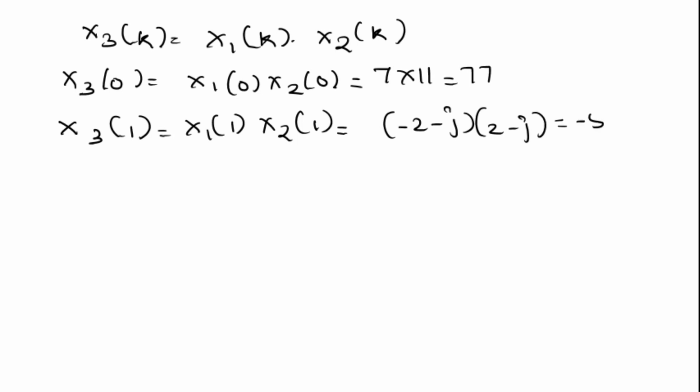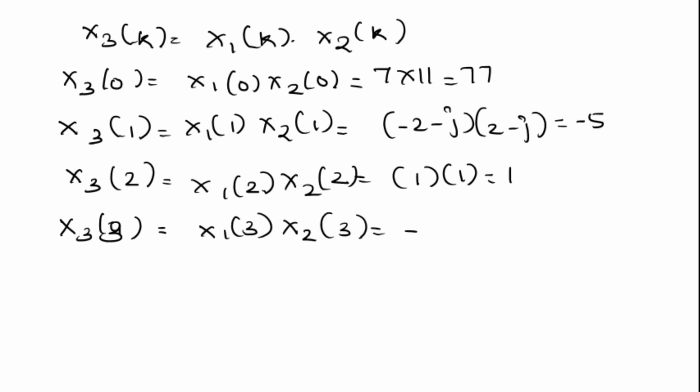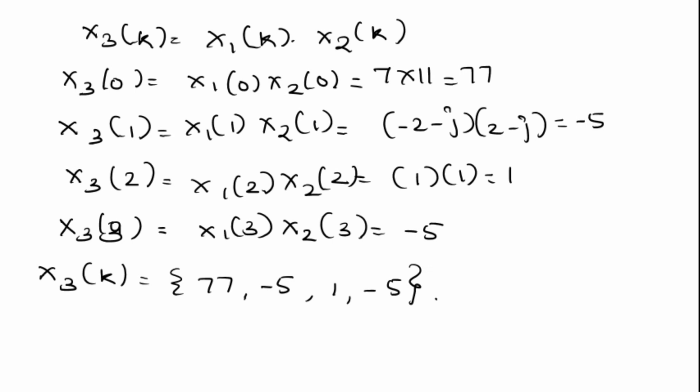The answer will be minus 5. x3 of 2 is equal to x1 of 2 into x2 of 2, which is equal to 1 into 1, that means 1. x3 of 3 is equal to x1 of 3 into x2 of 3, which is equal to minus 5. So we can write x3 of k is equal to 77, minus 5, 1 and minus 5. This is x3 of k.